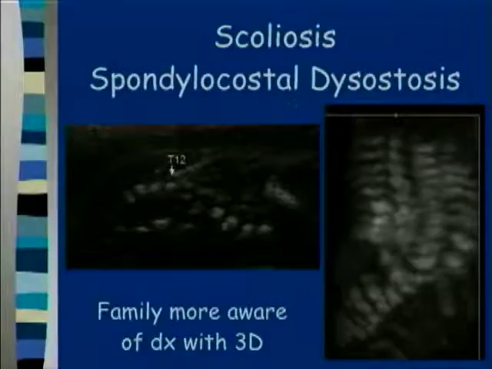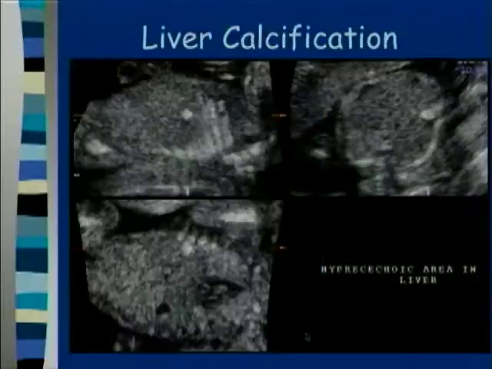And this fetus didn't have just regular scoliosis, but rather spondylocostal dysostosis as a final diagnosis. So I think the 3D pictures, when I walked in the room, they were already quite aware. They could see it on the monitor themselves.